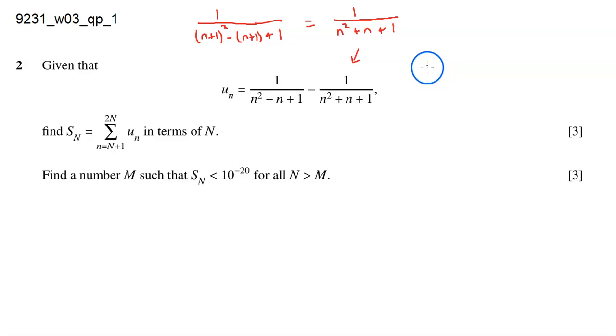So actually, if we consider the function f of n is equal to 1 divided by n squared minus n plus 1, then this one here is f of n plus 1.